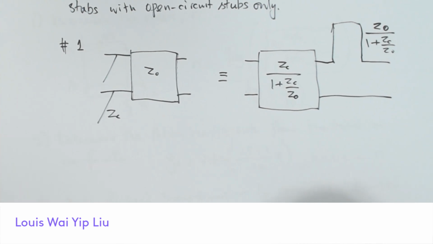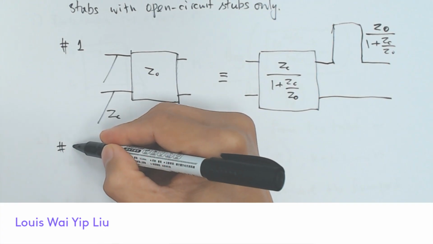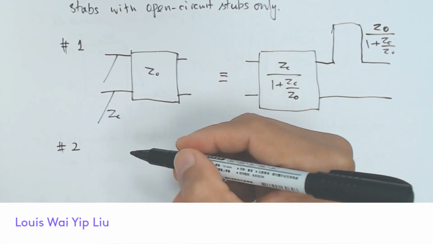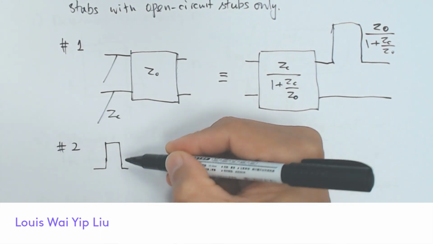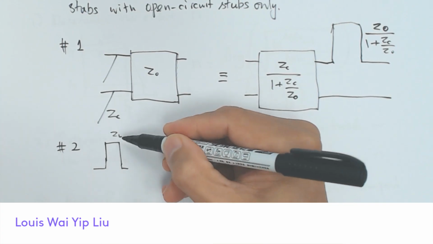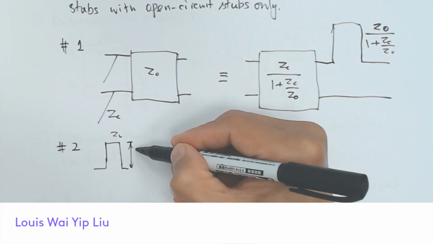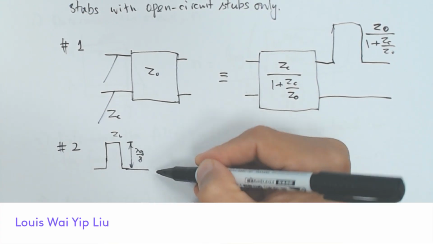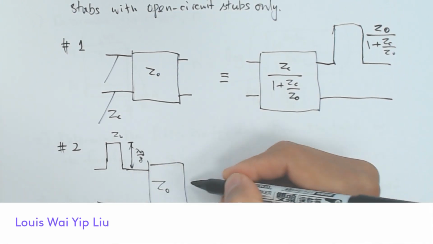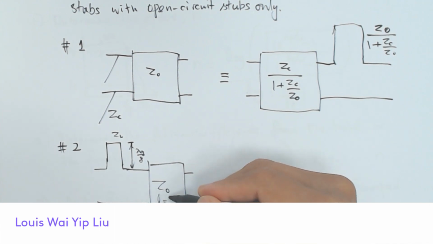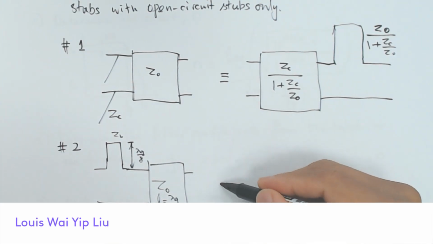And we have another Kuroda identity which is also frequently used. This is the one that begins with a short circuit stub, and this is the one that we need for our filter implementation. All the lengths here should be lambda g divided by 2.